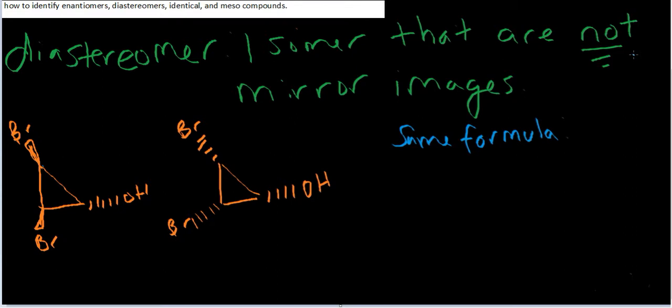Do they have the same formula? It's easy to say that yes, they do have the same molecular formula. They have 2 bromines, 1 OH, and it's a cyclic structure. Now the second question we want to ask ourselves: do they have the same connectivity?